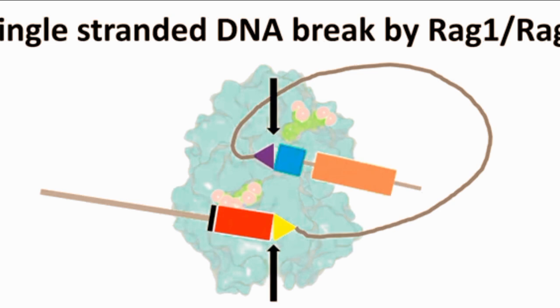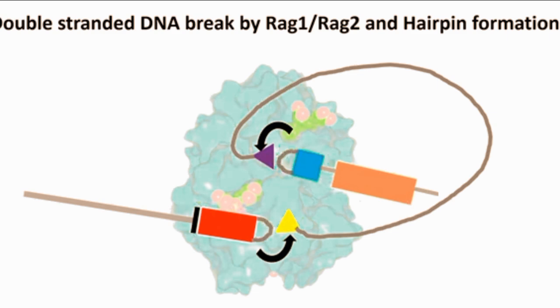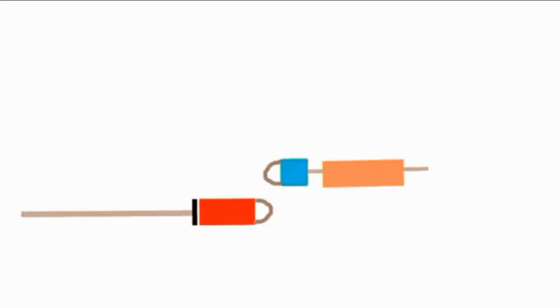And there is a cleavage of one single strand by RAG1 and RAG2. After that, these cleaved sequences form hairpins with each other. And this is followed by a double-stranded DNA break by RAG1 and RAG2. So when the double-stranded DNA break occurs, it needs to be joined together.